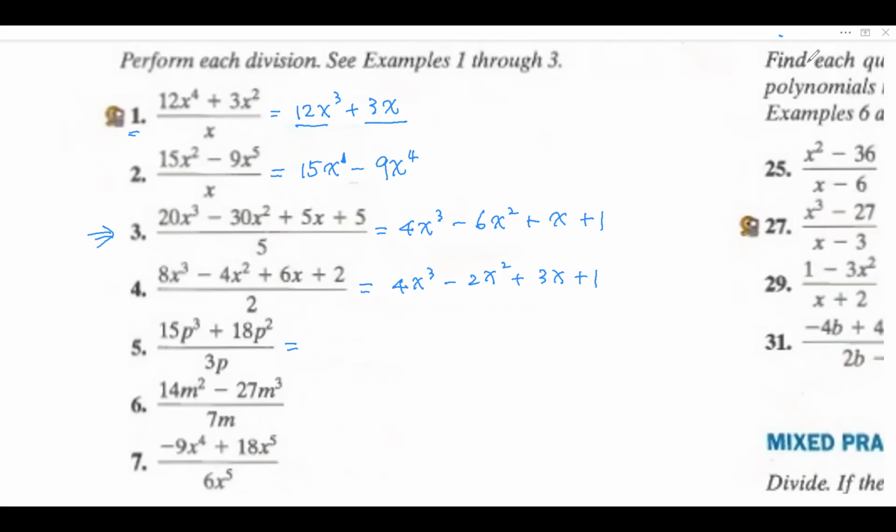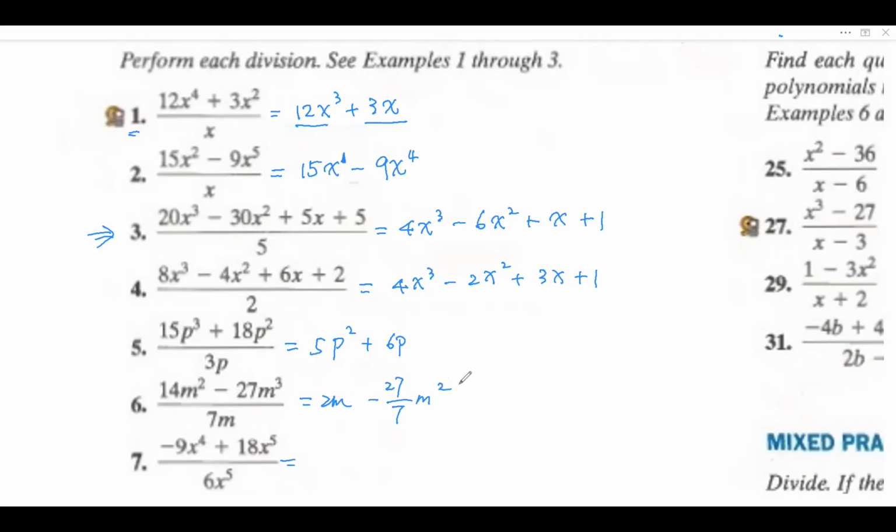Okay, number 5. So for this one, divide this term by this term separately, right? So you can quickly get here, right? 5p squared plus 6p. Same here. Here we got 2m minus 27 over 7m squared, right?